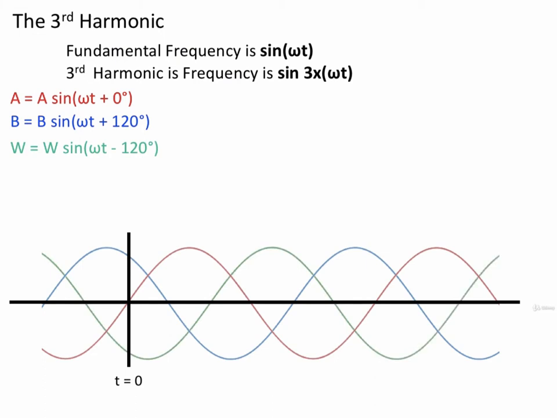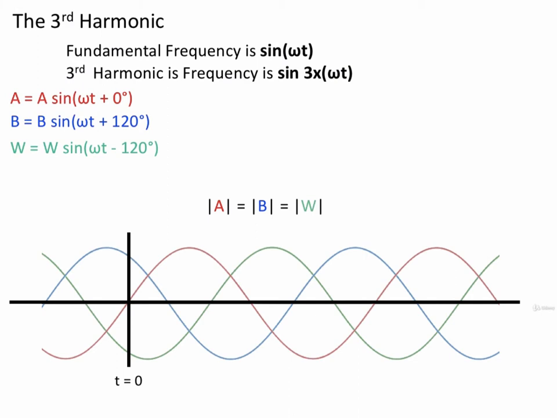And the white phase is lagging the red phase by 120 degrees, making the sinusoidal waveform formula W equals W sine (omega t - 120 degrees). Now, keep in mind, we're talking about a balanced system here, so the magnitudes of the A, B, and W phasors are equal, but I'm going to leave them as A, B, and W for now.